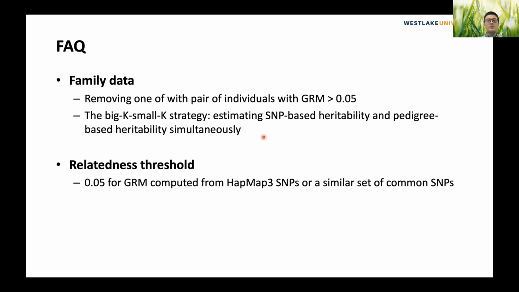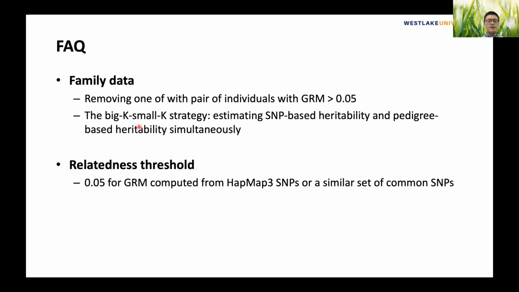So another question is about whether we can apply GREML analysis to family data. The answer is yes. We often have two strategies. The first strategy is to remove one of each pair of individuals with estimated genetic relatedness larger than a threshold, for example, 0.05.